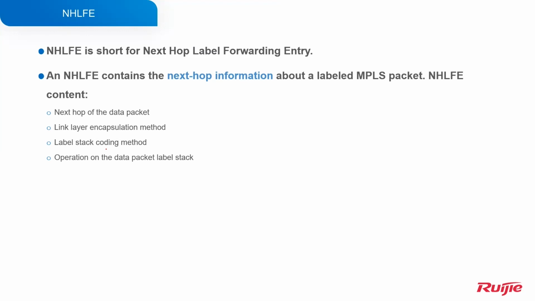And also the data link layer encapsulation method, and the label stack coding methods, about operating on the packet label stack. For example, if we receive the message, should we add the label, or swap the label, or delete the label? This is the option.